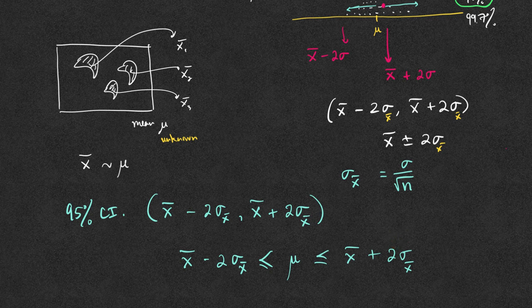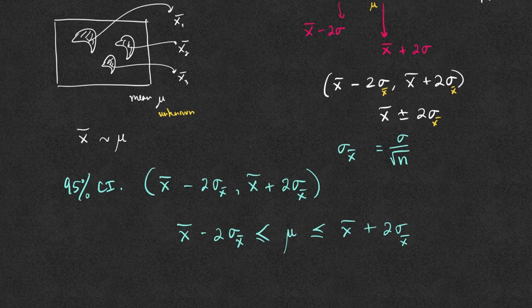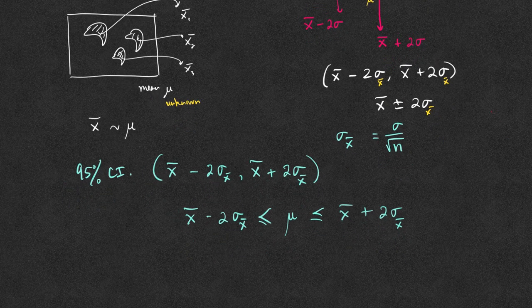In general, we construct a 95% confidence interval, but in some cases we might construct an 80% confidence interval or a 90% confidence interval. Regardless, the formula will be x bar plus or minus z times sigma x bar, the standard deviation of the sampling distribution or the standard error. What is z? Z is the corresponding z-score for the confidence interval.